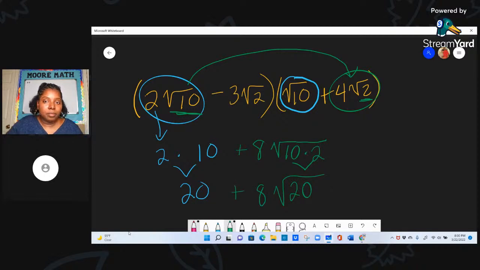Now, let's choose a different color. All right. Now we're going to work with this one. So -3 square root of 2 times the square root of 10.